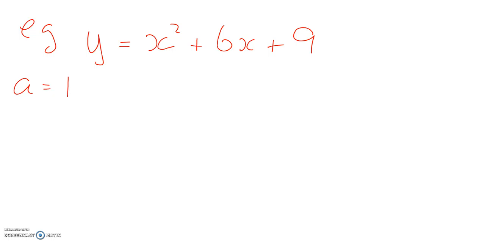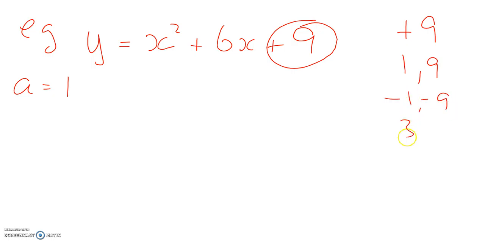So the way we start is we look at this number here, 9. I'm going to write plus 9 here, and down here I'm going to write the factors of 9: 1 and 9, minus 1 and minus 9, 3 and 3, and minus 3 and minus 3. What I want to do is find which pair of these, when I add the numbers up, will give me this number here.